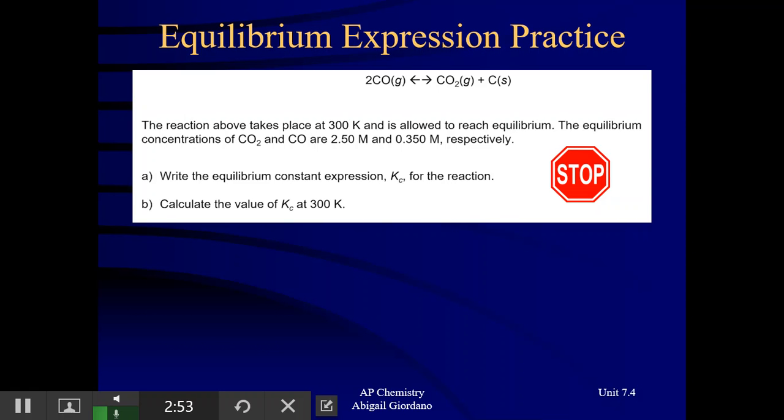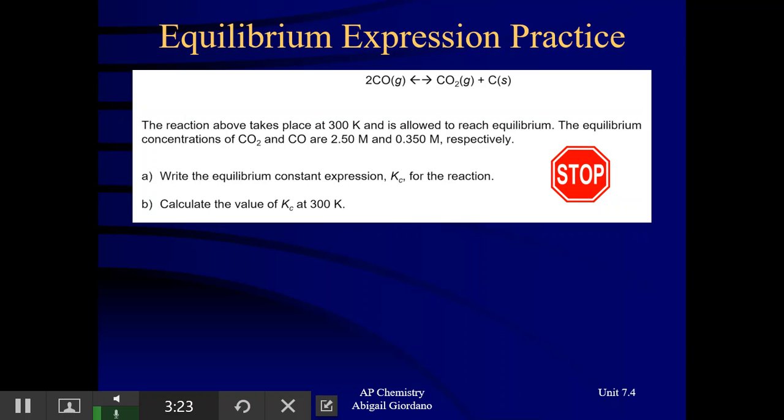So we're going to start off with a relatively simple question. I'm going to start it for you, and then I want you to pause your video and try it on your own. We're given a balanced reaction. It says the reaction above takes place at 300 Kelvin. Remember, as I said, temperature is very often given in these problems, and is allowed to reach equilibrium. The equilibrium concentrations of carbon dioxide and carbon monoxide are 2.5 molar and 0.35 molar respectively.